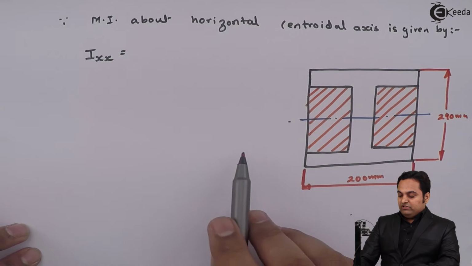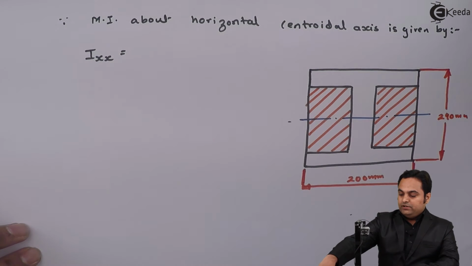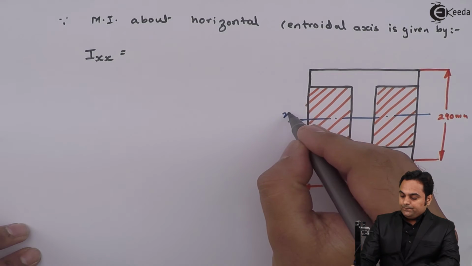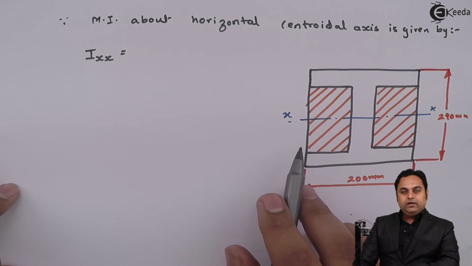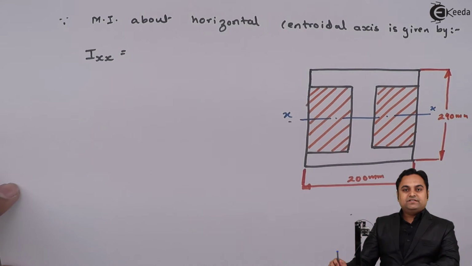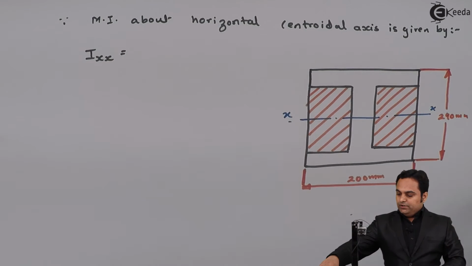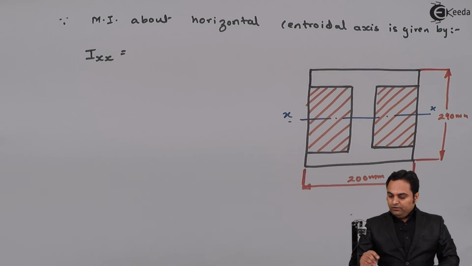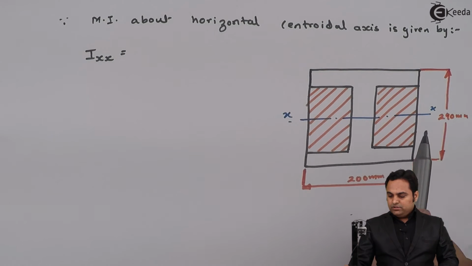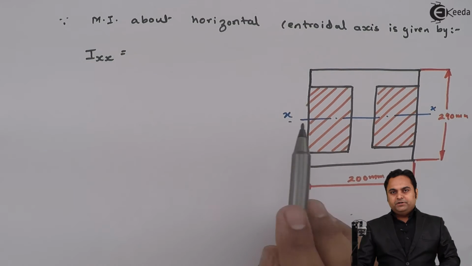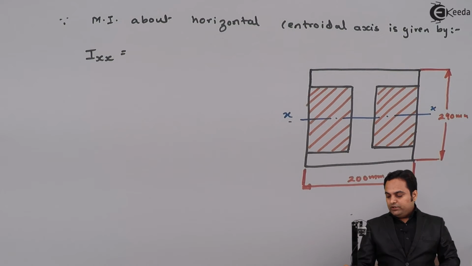So if we subtract from the bigger rectangle these two smaller rectangles, I'll get the MI for this I section about the x-axis. When calculating it, I am considering a complete rectangle having width 200 and depth 290.